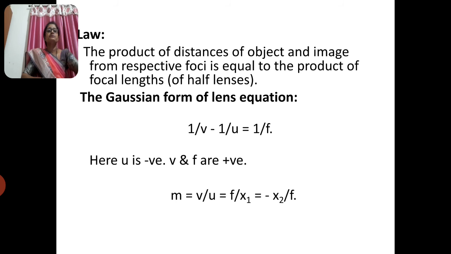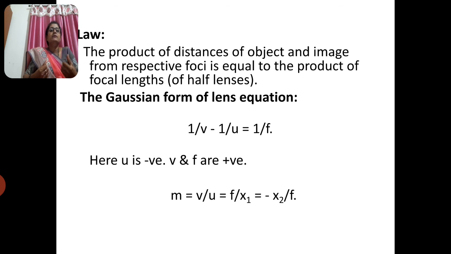Here the terms x1 and x2 are the extrafocal object and image distances respectively. They are measured from the foci rather than from the lens. Consequently, Newton's equation can be used for both thin as well as thick lenses.